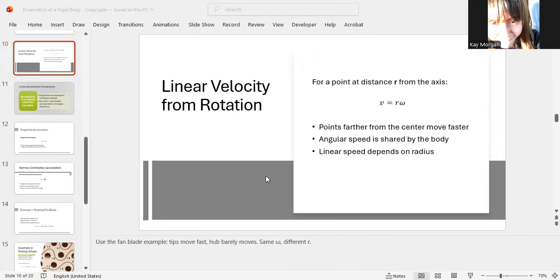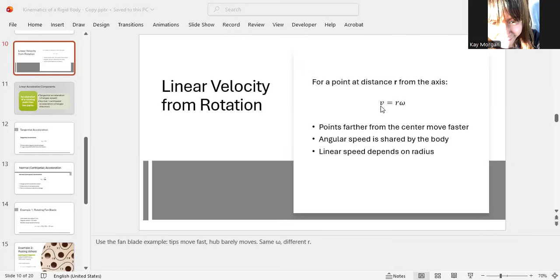Of course, now I'm going to repeat it again. This relationship is telling you, look at it very carefully, your linear velocity depends on the distance of a point away from the center times the angular velocity. So the more distance you are away from the center, the faster the linear speed or velocity is.